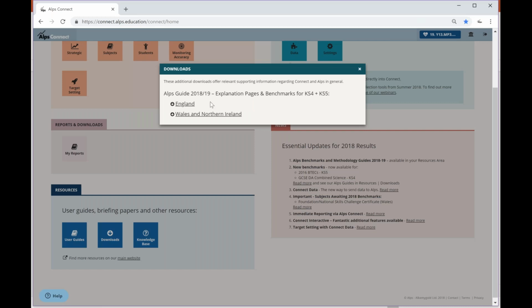Those were the bits of the pages from the old reports that told you all about the benchmarks and how the benchmarks were constructed and where the minimum expected grades came from, etc. So that's all in there now. And we stripped that all out of the PDF so that everyone can see that information for themselves, that Alps guide, whether or not you've got access to the report.